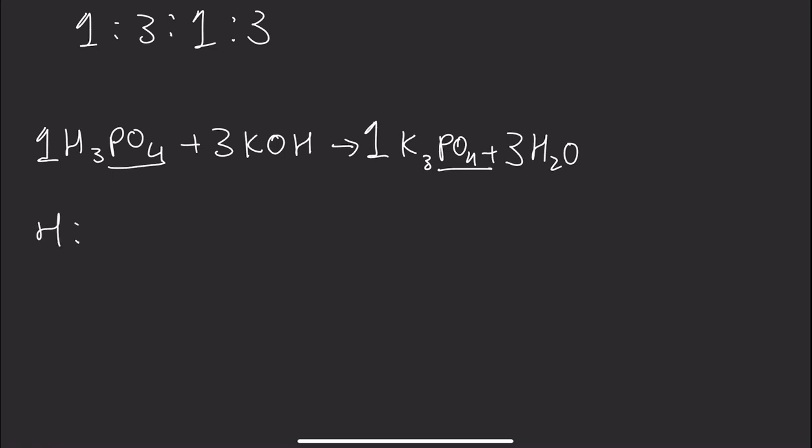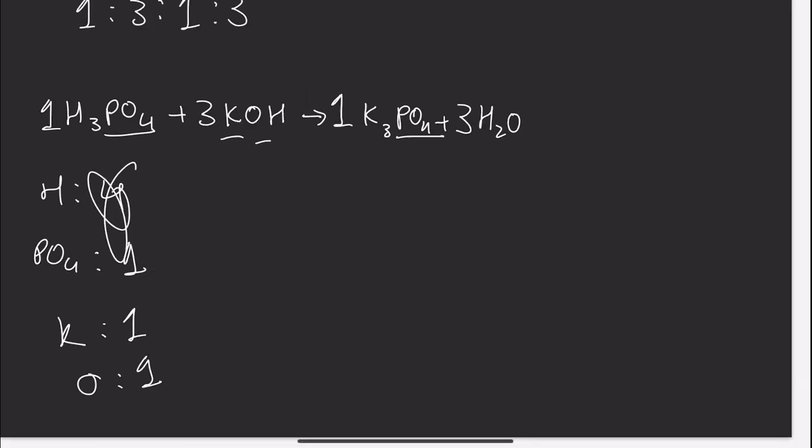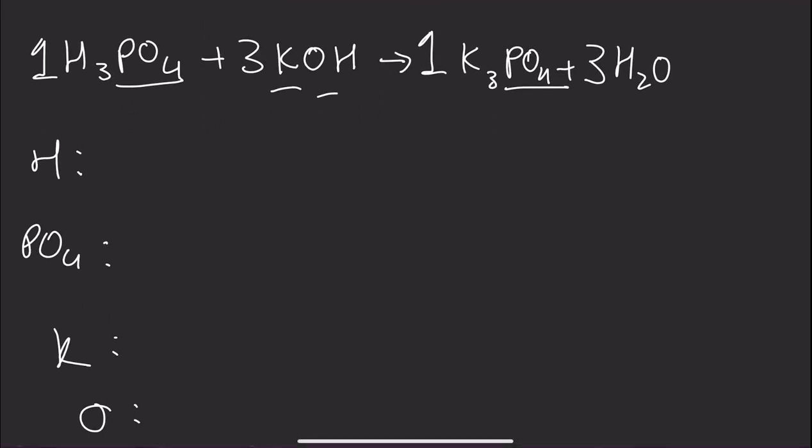So H is 3 plus 1, so 4. PO4 1. And then K 1. O is 1. Let's look at the right side. H is 2 times 3. Oh, sorry, we gotta multiply these. I forgot to multiply them.